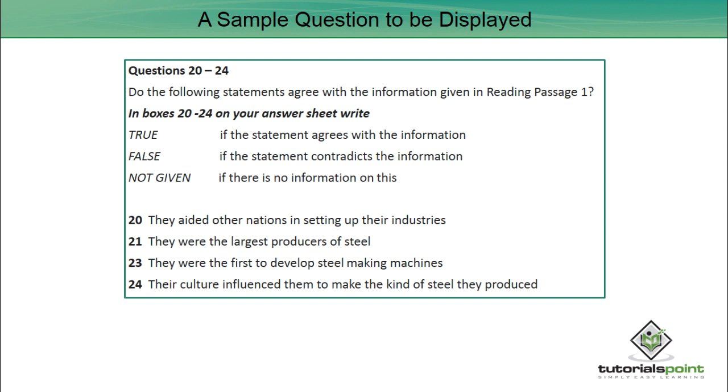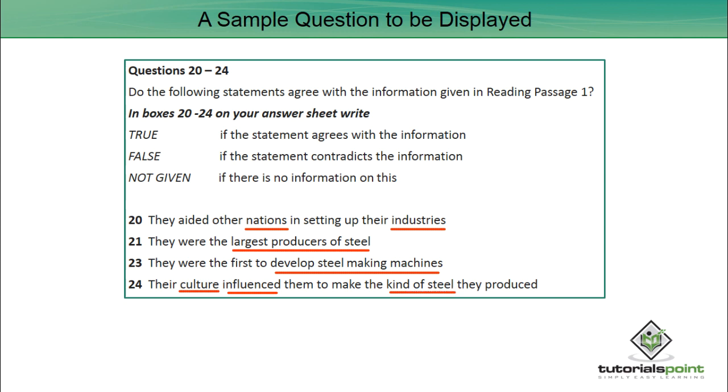So here you will have to highlight the keywords first. The keywords here will be nations, industries, aided, largest producers of steel, first, develop steel making machines, culture, influence, kind of steel, produced.